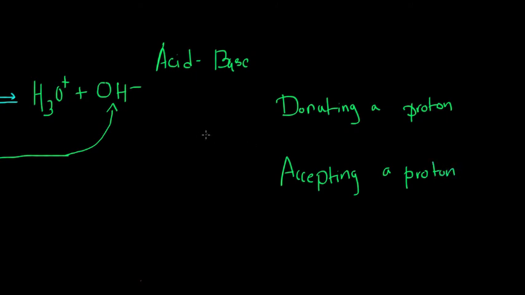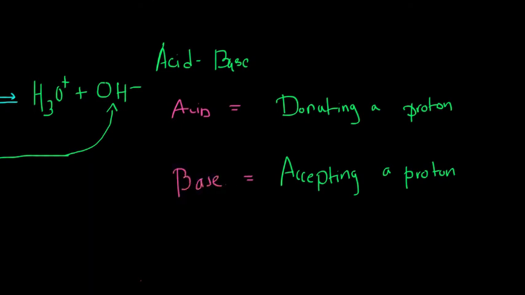If you donate, you must accept, and if you're accepting, you must be getting donated to. So that's pretty simple enough, right? So it turns out that anything that donates a proton is known as an acid. And anything that accepts a proton is known as a base.